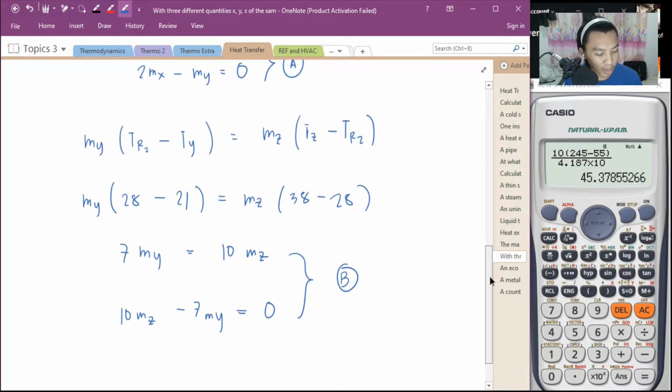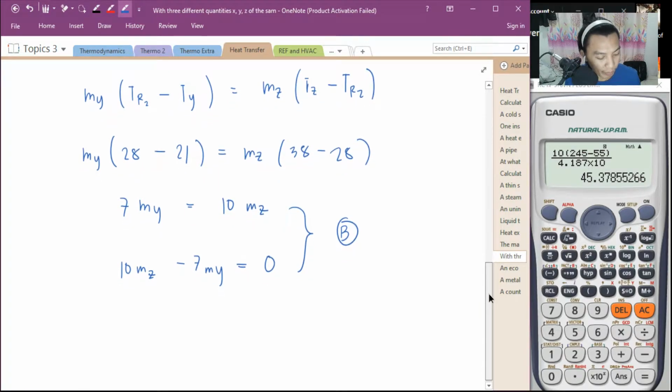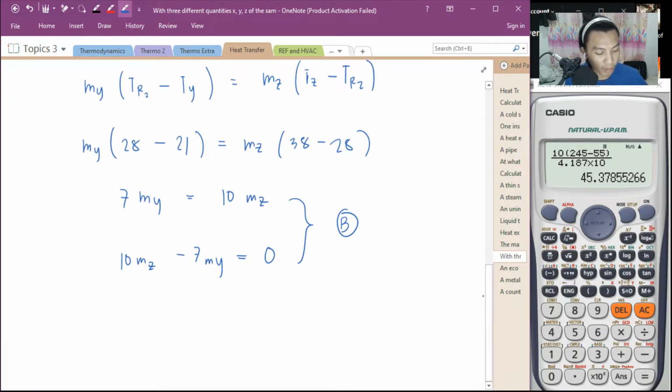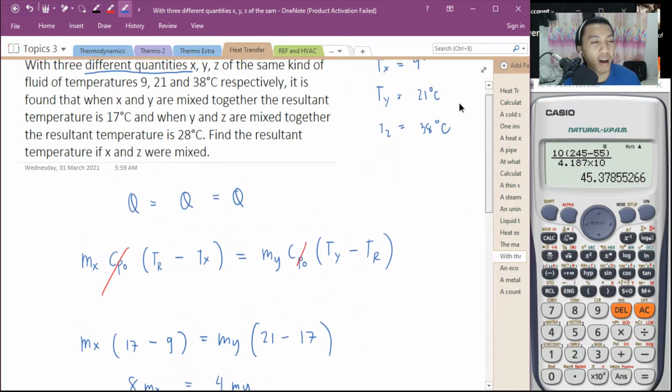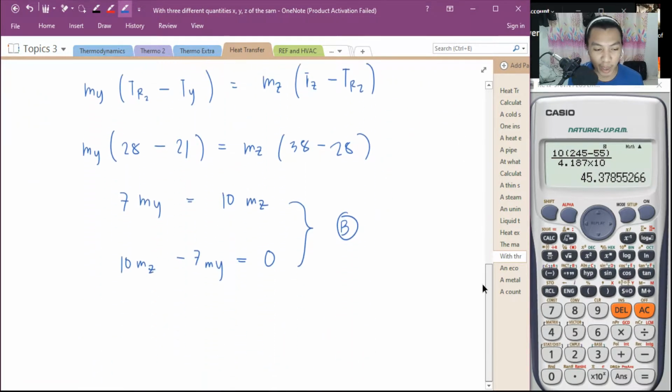Okay? Ano pa yung susunod? We can solve that. So, ano sinabi dito? Find the resultant temperature if X and Z were mixed.